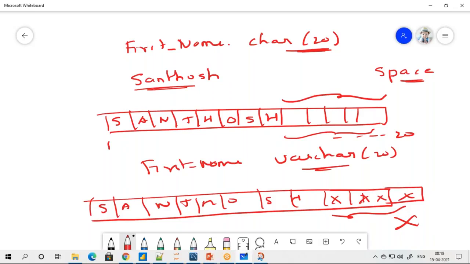I understand that it is only 8 characters. Why I have given 20 is some person may have 8 characters, some 5, some 15, depends, so I'll give some buffer. But if it is a shorter name and it was character, it would fill with space and utilize all the 20 characters. My memory is wasted. But here, even if you give 20 and it is only 8, the remaining is not used at all. Basically, you are saving your memory.